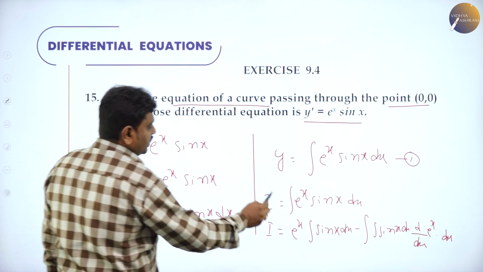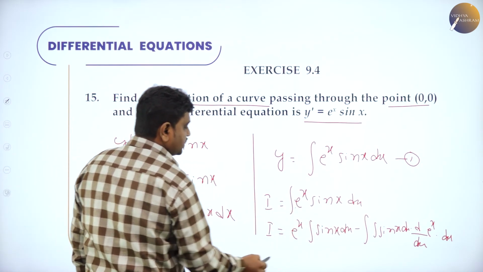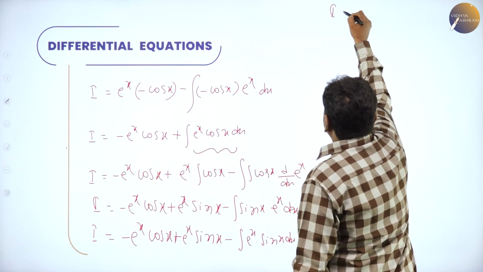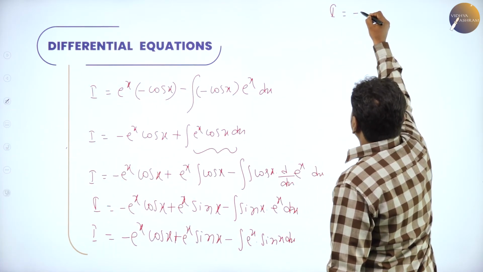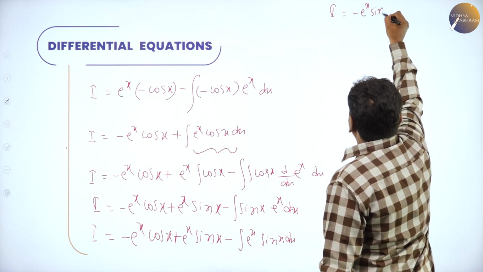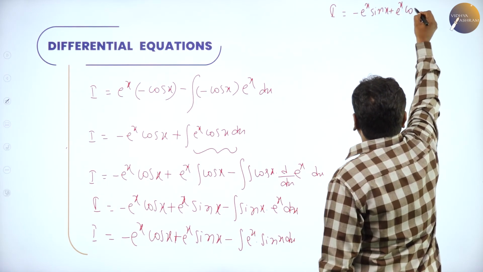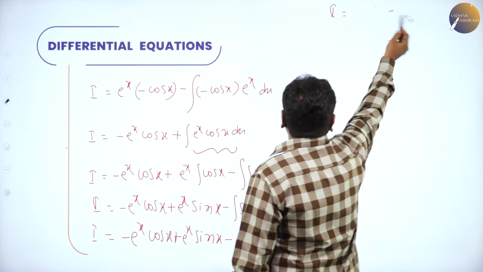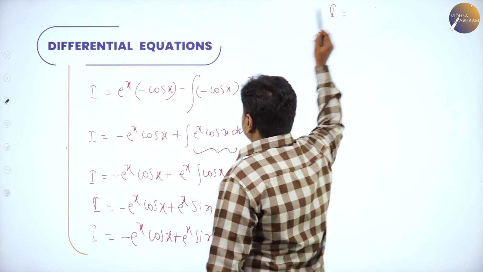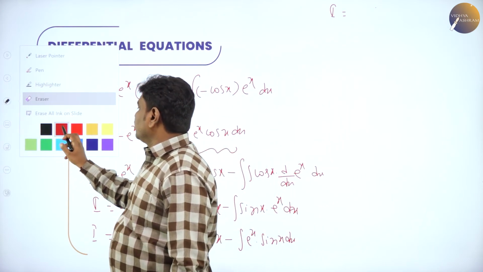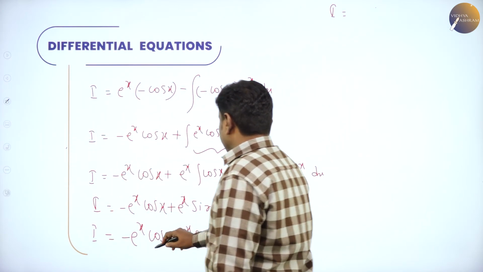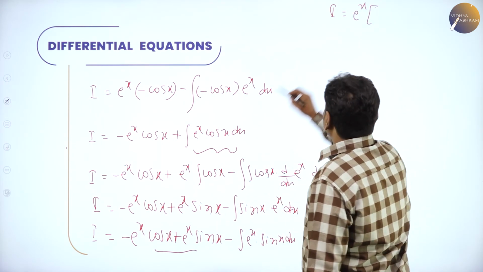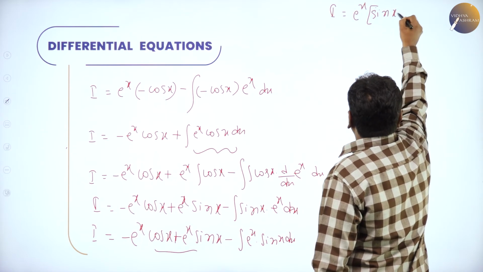Now you can see this is the given problem. So here what is I? Integration of e power x sin x dx is I. So I can write I is equal to minus e power x cos x plus e power x sin x, then minus I. We'll simplify as much as possible. In these two I'll take e power x common: e power x, first positive sin x, then minus cos x.